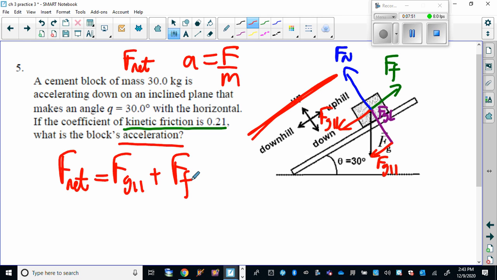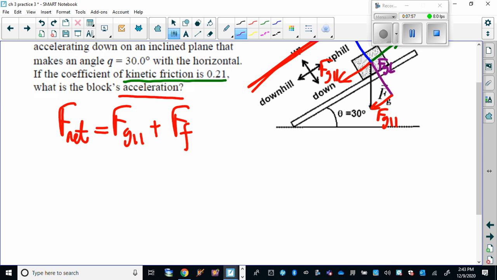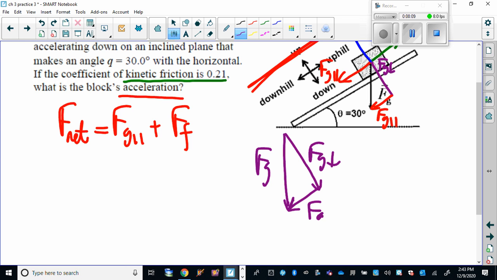Okay, and we can find Fg parallel quite easily by just taking this triangle, Fg perpendicular, Fg parallel. We know that this is 30 degrees because that's 30 degrees, so this one is automatically 30 degrees.